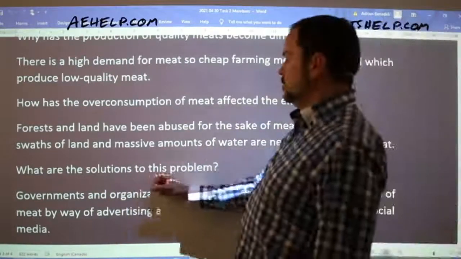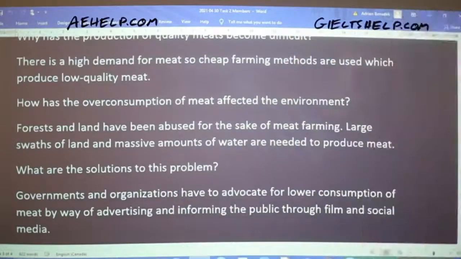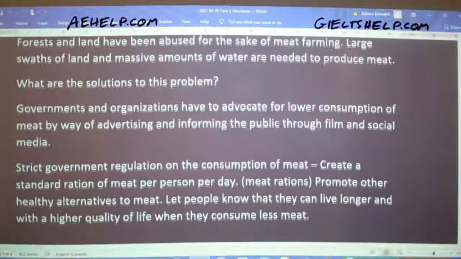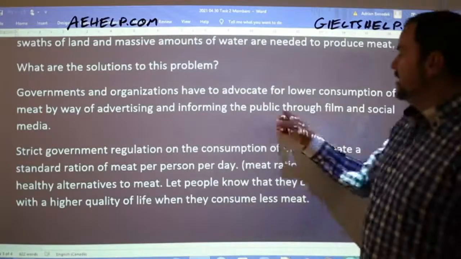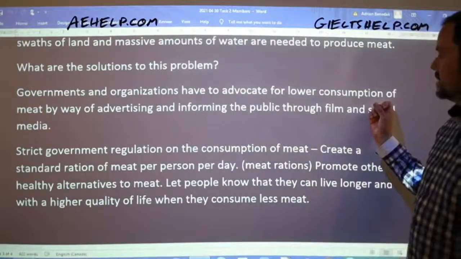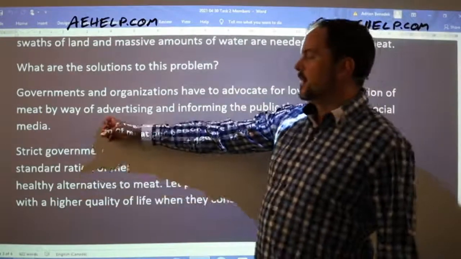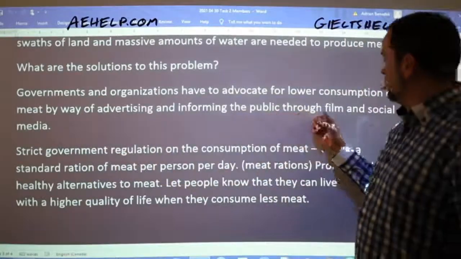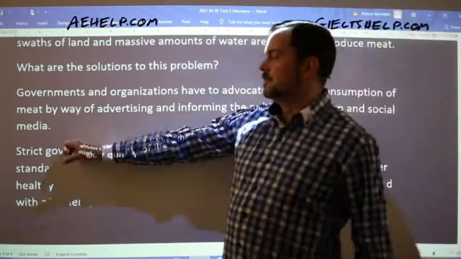And what are the solutions to this problem? Governments and organizations have to advocate for lower consumption of meat by way of advertising and informing the public through film and social media.